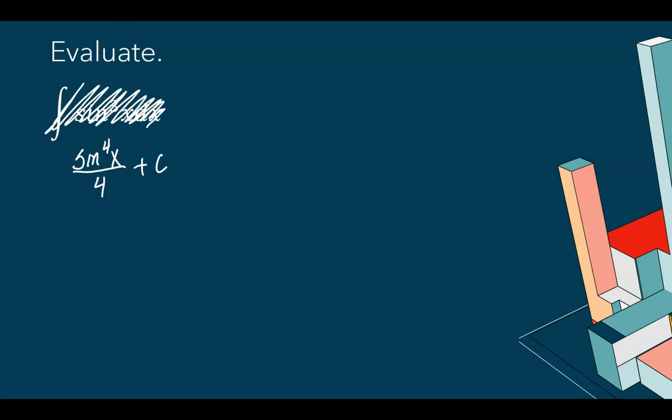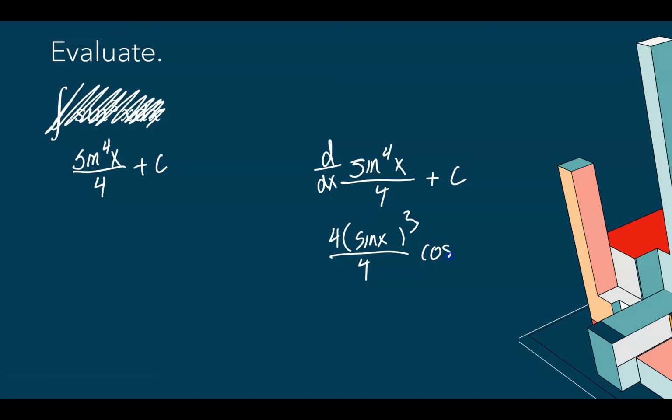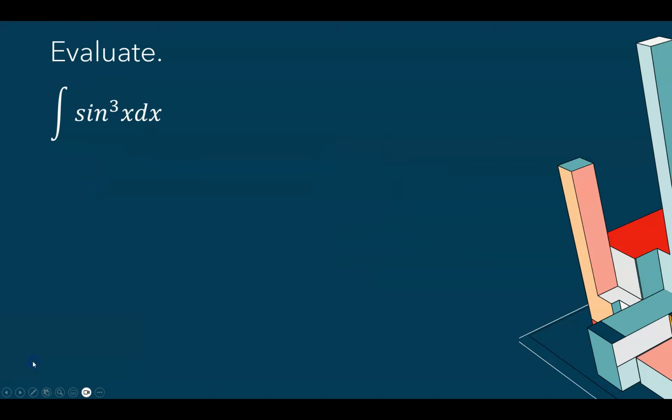So just ignore what we're supposed to get for a moment, and pretend like you don't know what we started off with. The derivative of something to the 4th power is 4 times that something cubed. And that something is sine of x, which has a rate of change of, oh, darn it, we forgot about the chain rule. So there's at least one way that we might make an error.